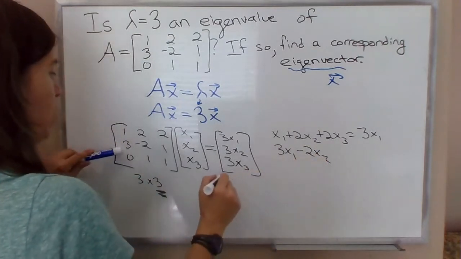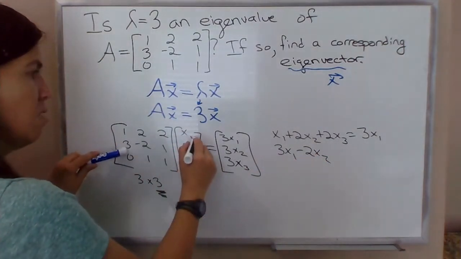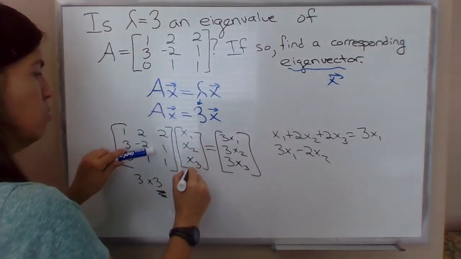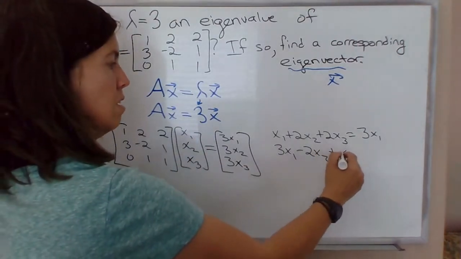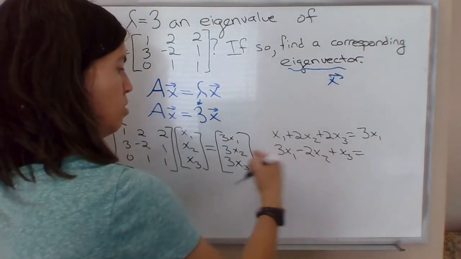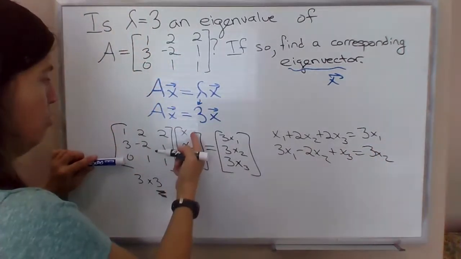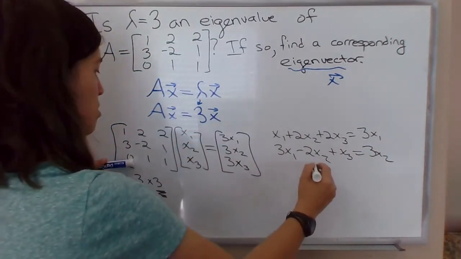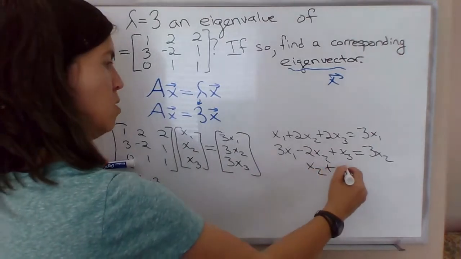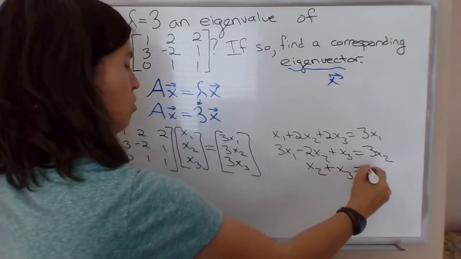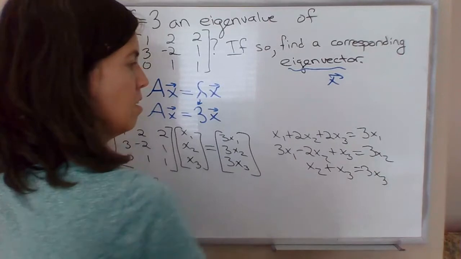I'm just working my way across the row and down the column. 3 times x1 minus 2 times x2 plus 1 times x3 equals 3x2. And then the third entry here, 0x1 plus 1x2 plus 1x3 equals 3 times x3.